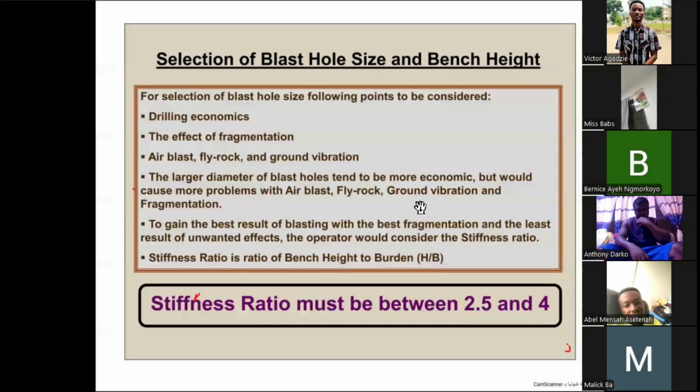Okay, let me ask you, if you are using two types of bits, 165 millimeters and 115 millimeters bits, that means the diameter of this hole will be wider than this one, right? Because 165 is wider than 115.